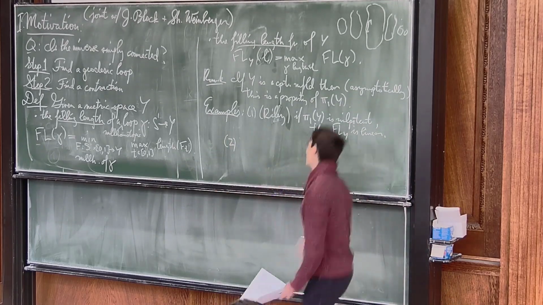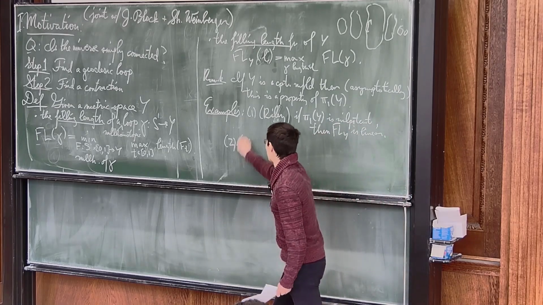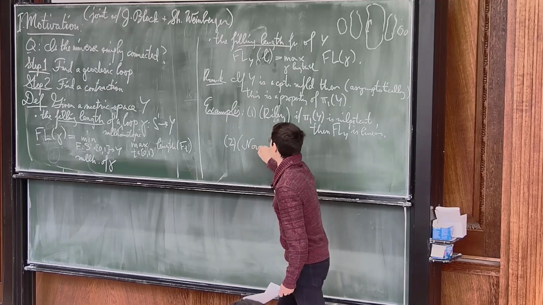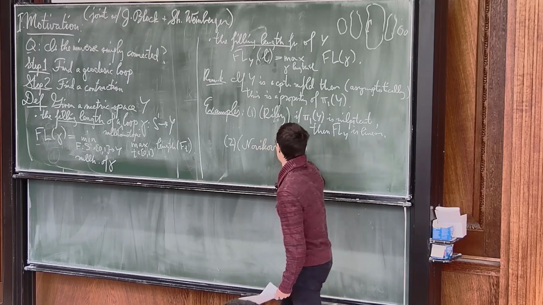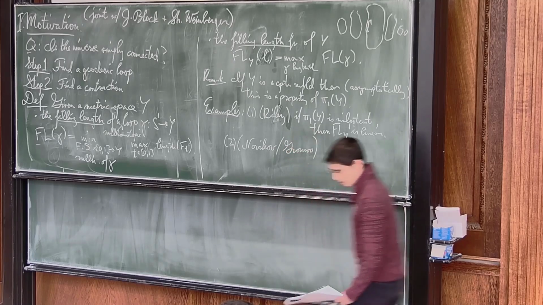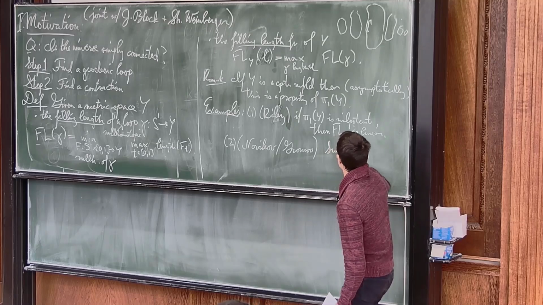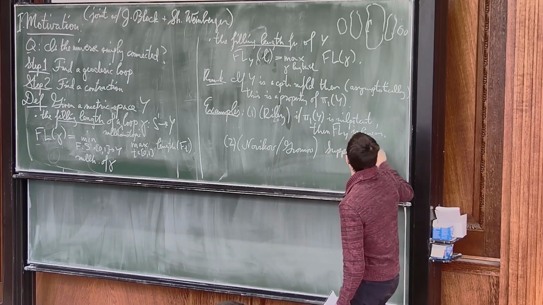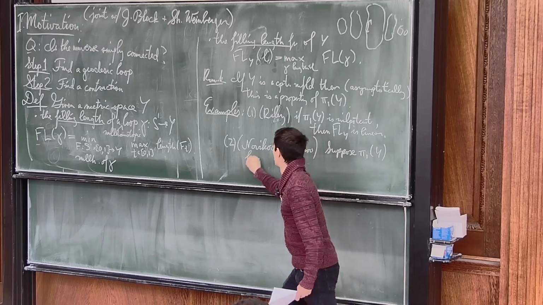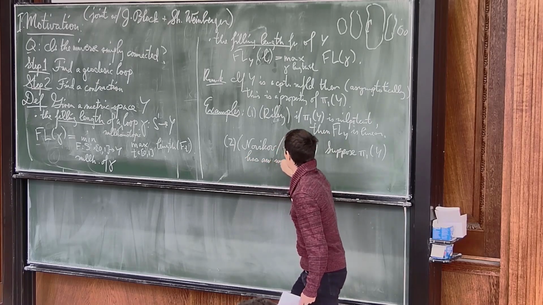But you might ask, can this get really big? And indeed it can. This is an observation that's maybe due to Novikov or maybe Gromov, I don't know, some linear combination of the two. Suppose pi 1 of Y has an undecidable word problem.